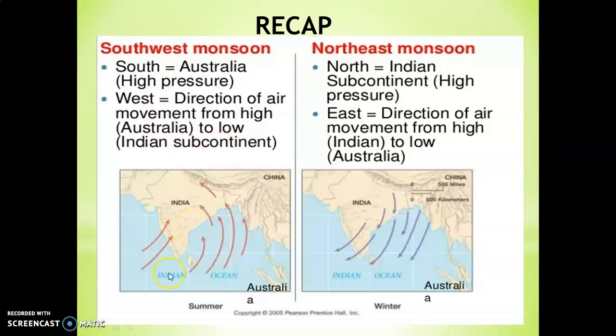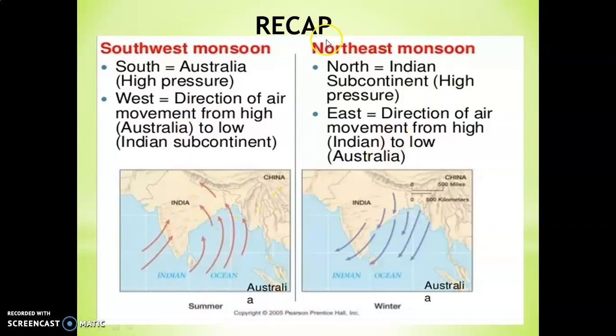So wind blows from high pressure to low pressure. Wind basically comes from Australia. Why? Because in Australia this time high pressure develops, because of low temperature. And in the Indian subcontinent there is low pressure and high temperature, and wind always blows from high pressure to low pressure.